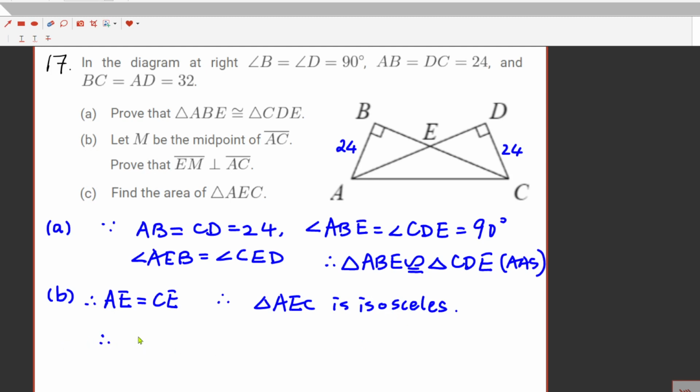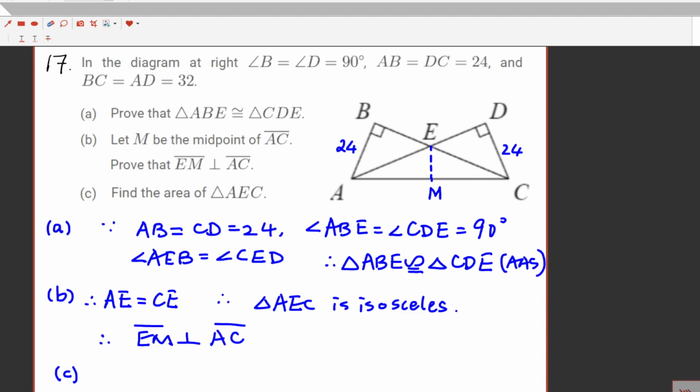And therefore, we know segment EM must be perpendicular to segment AC, right? And M is the midpoint of AC, of course, here. So that completes the second one, right?